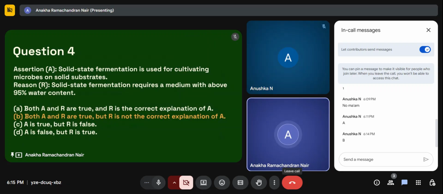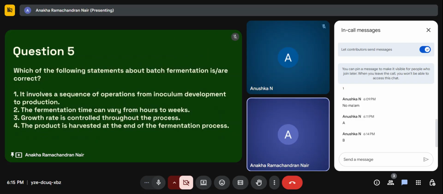Both A and R are true, but R is not the correct explanation for A. So yes, solid state fermentation is used for cultivating microbes on solid surface. And yes, solid state fermentation requires a medium above 95% water content, but R is not the reason for A, right? So let's move on to question number 5 if you don't have any doubt in this.